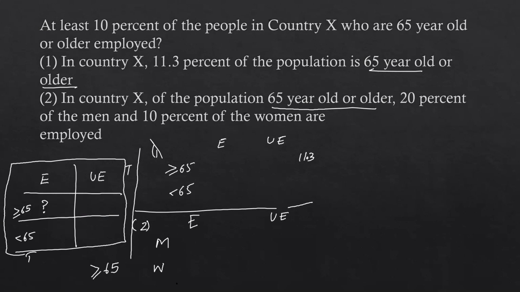So we want to know whether the total employed is at least 10%. It says that 20% of the men and 10% of the women are employed. So 20% of this and 10% of this.